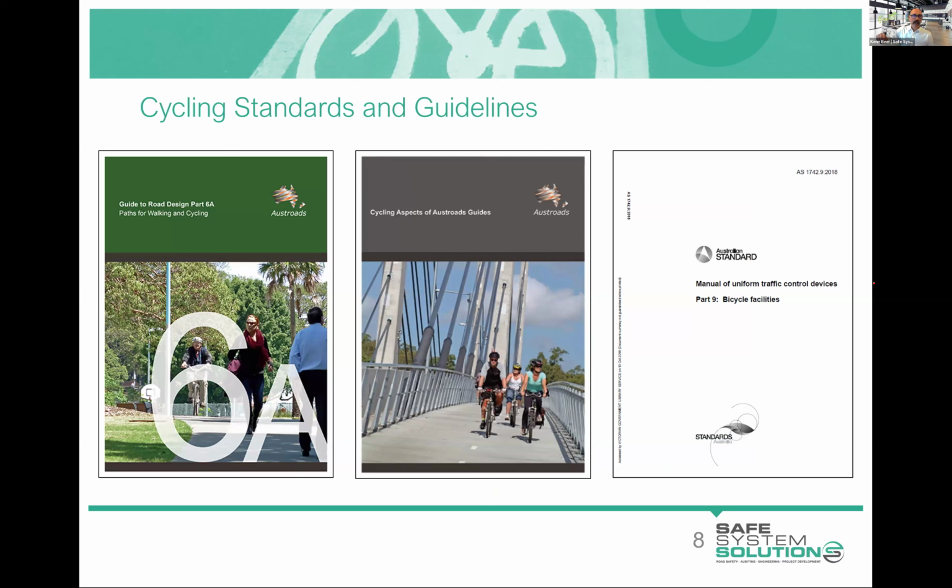This grey document, Cycling Aspects of the Austroads Guide, was an interesting one that was picking bits of the various Austroads guides, so the Guide to Road Safety, the Guide to Road Design, the Guide to Traffic Management, that particularly related to cycling and providing cycling infrastructure, planning, design, and trying to pull them all into one document. So it's a handy resource if you're playing in that space.